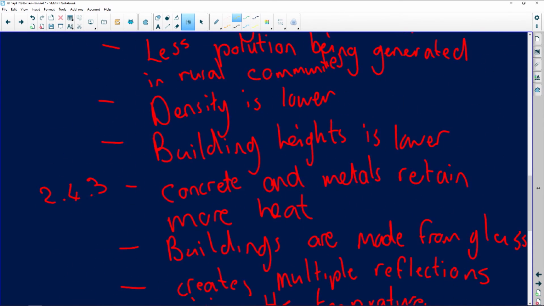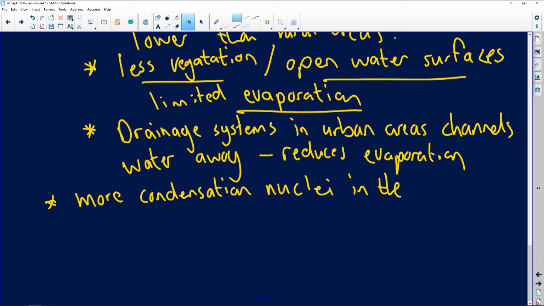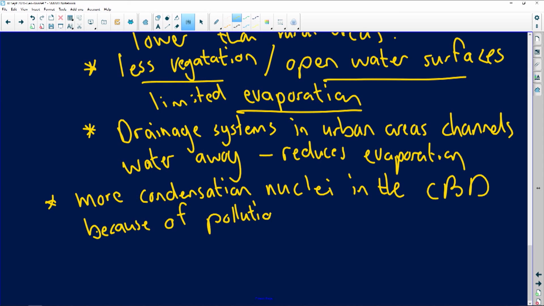Okay, there's more condensation nuclei in the CBD because of pollution. Okay, and the added moisture comes from the pollution.